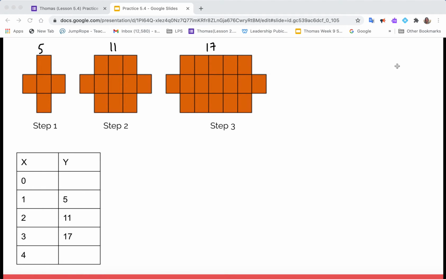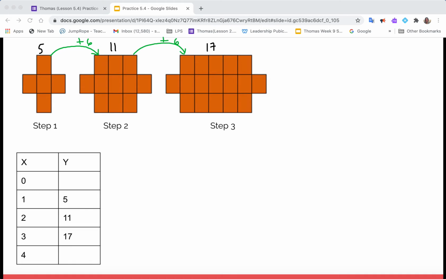We're looking at the change from 5 to 11. That is a plus 6. From 11 to 17, that's also a plus 6.